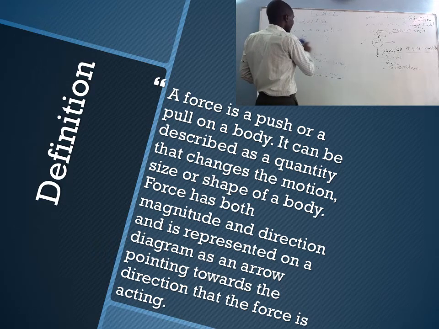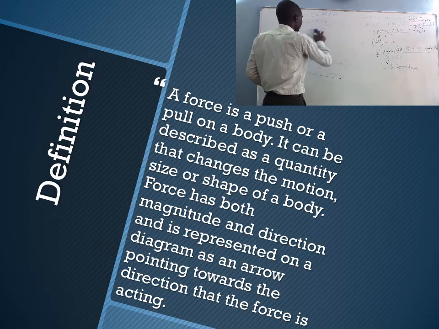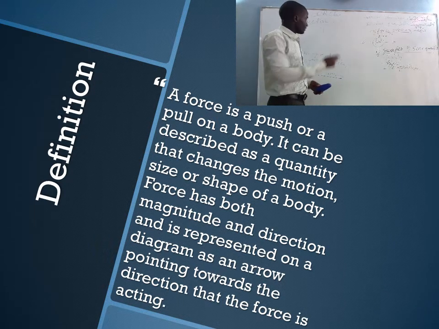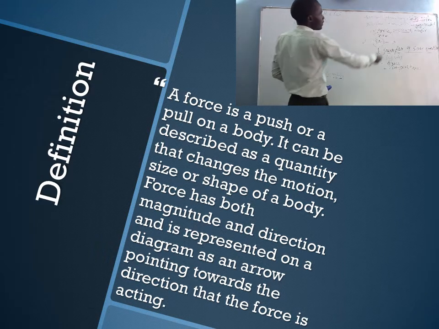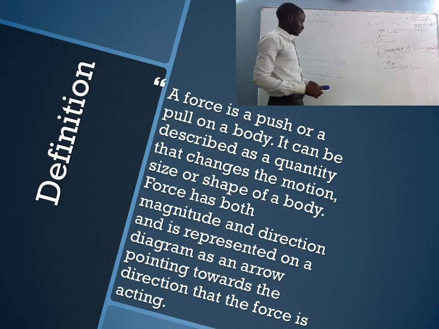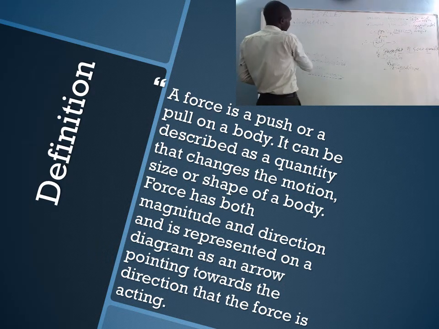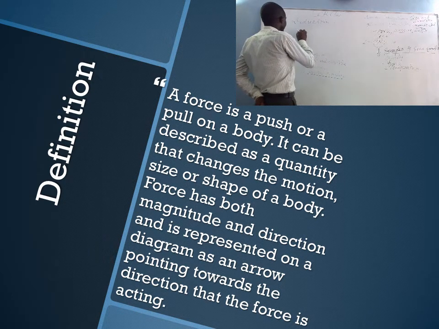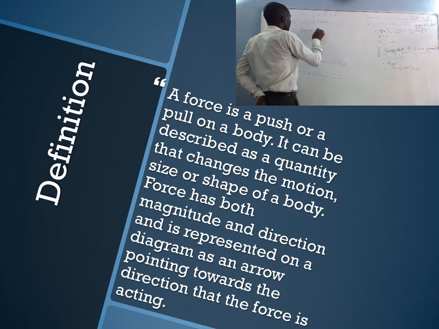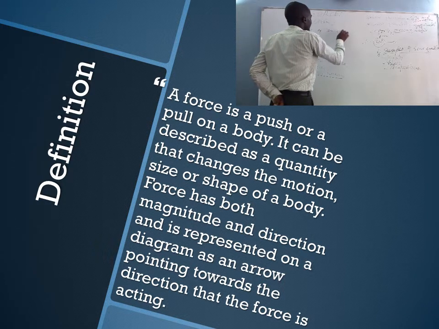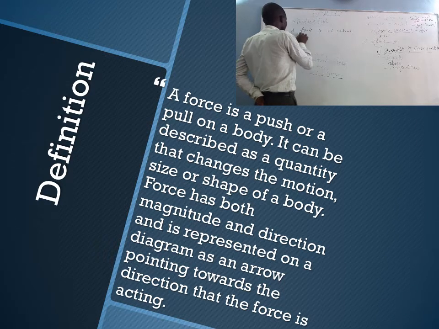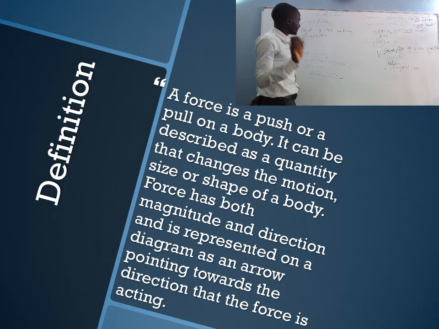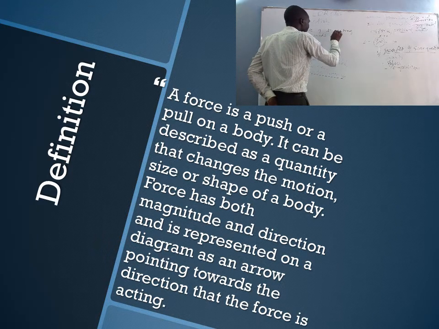And so, back to where we were, we describe force as a vector quantity. Therefore, in terms of representation, we must represent the force in terms of the size and also in terms of the direction. For example, a force of 3 newtons acting downwards will be represented with an arrow.